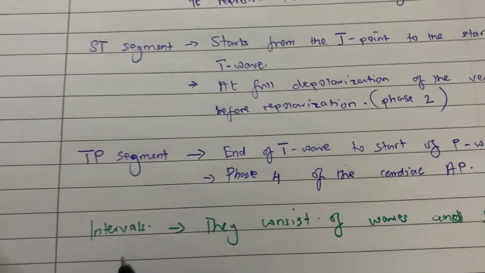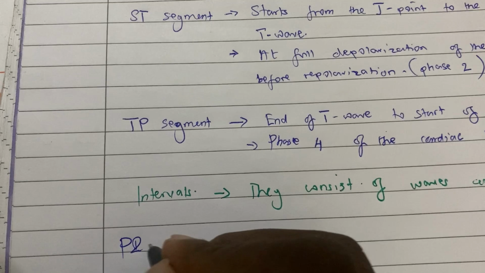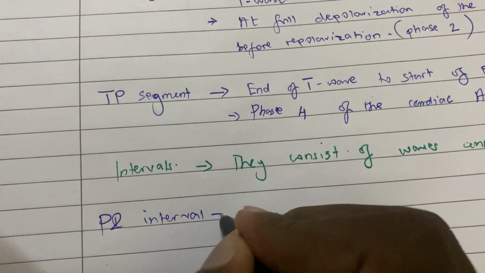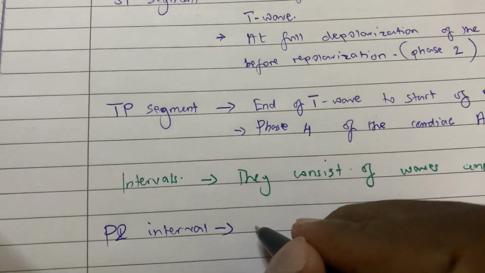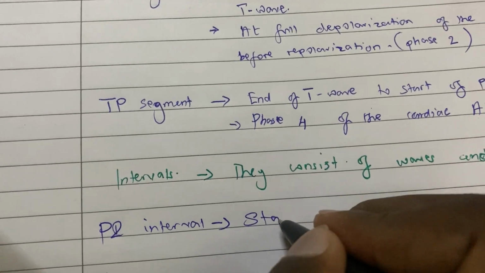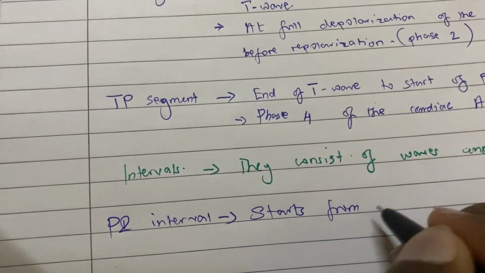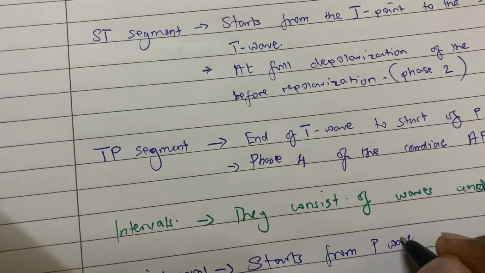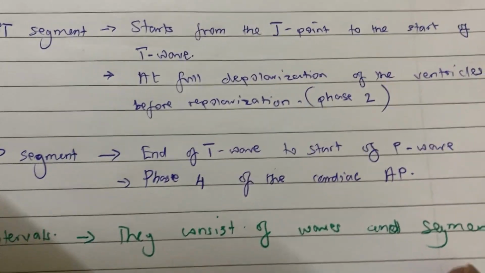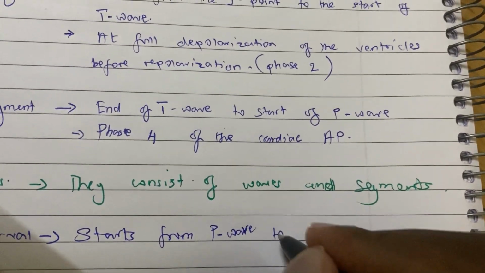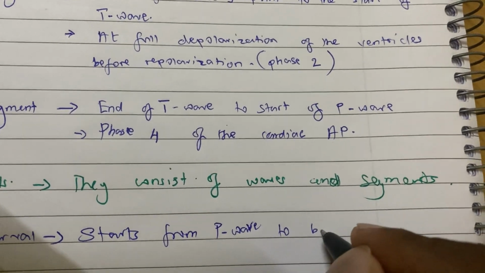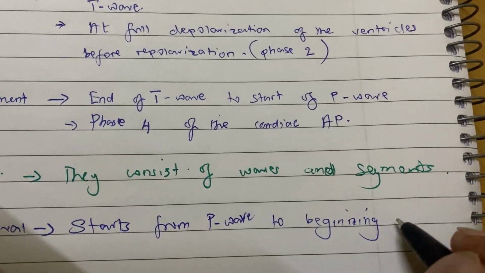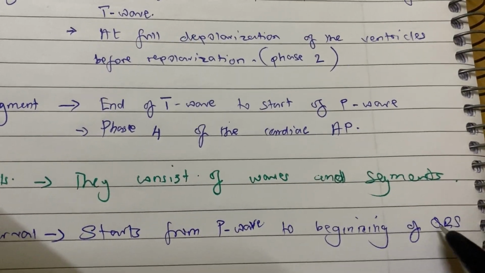So we start with PR interval. What are the demarcations? It starts from the beginning of P wave to the beginning of QRS.